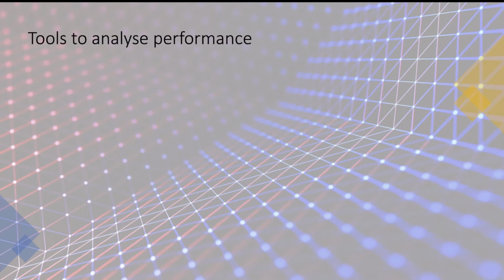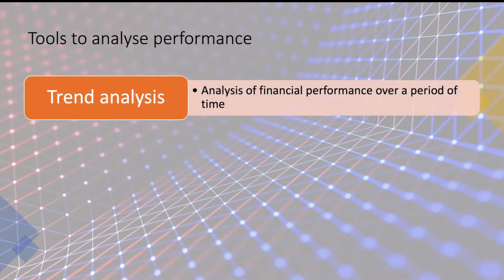So number one is, what are the tools available for performance analysis? The number one tool that we have available is trend analysis of financial performance over a period of time. For example, suppose we are doing a trend analysis where one set of information is given as quarterly data and the other as annual data, and we are comparing them.